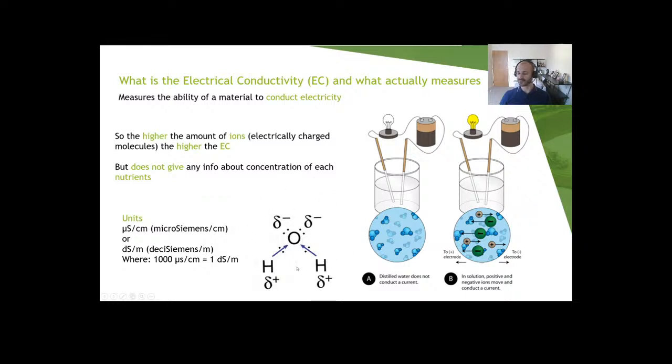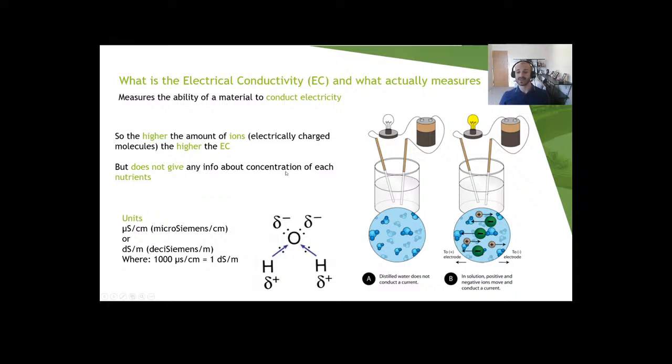So the total is neutral. So if you apply electricity to the distilled water, it cannot conduct the electricity, so you cannot light the light bulb. But normal source water, the water that we are drinking, is actually full of ions. That's why it's actually conducting electricity.